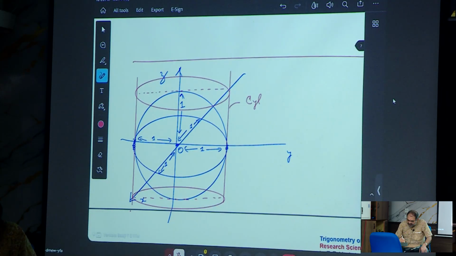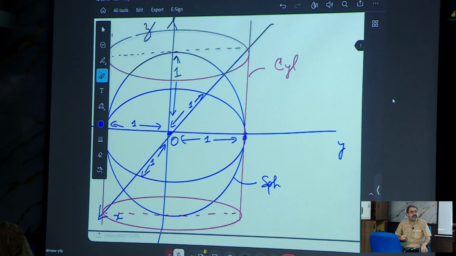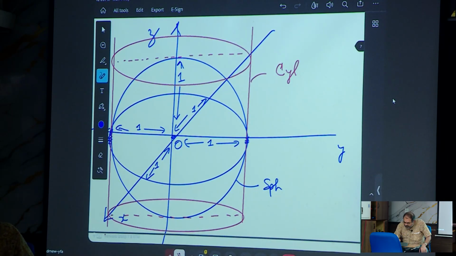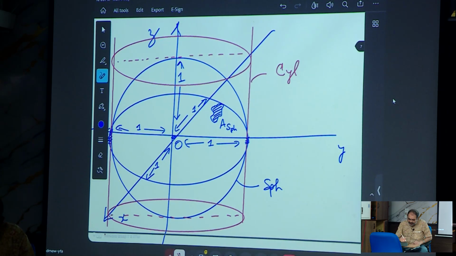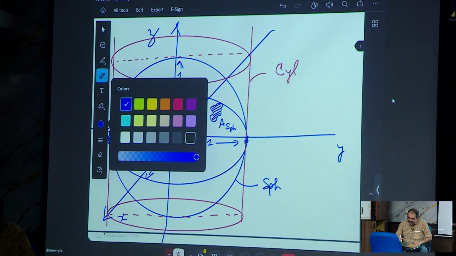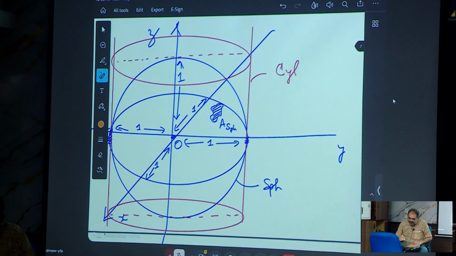And here is my sphere. And here is this very nice thing. You take a patch of area on the sphere. So this is A sub S, the area on the sphere. You make this assumption, physically if you want, that there is a light source here along this.